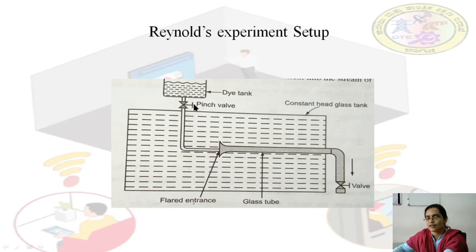There is a valve, a pinch valve, from which this water soluble dye is introduced into the glass tube through a capillary. A glass tube for making the flow visible is there. This glass tube has a flat entrance.